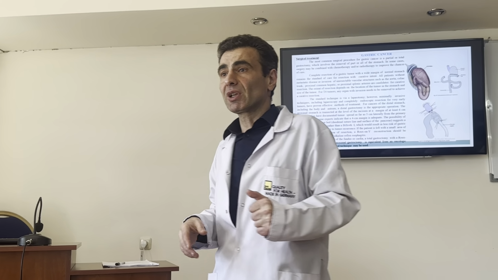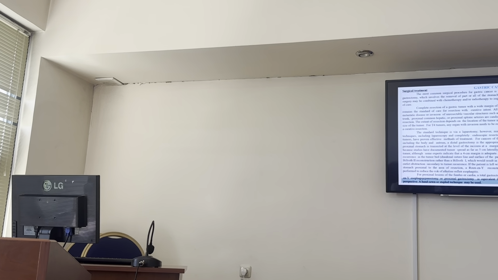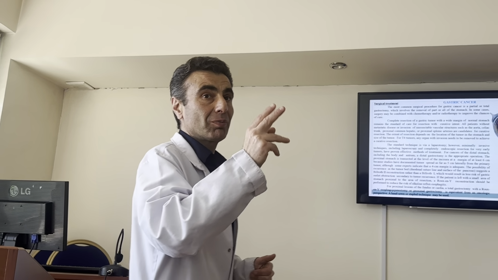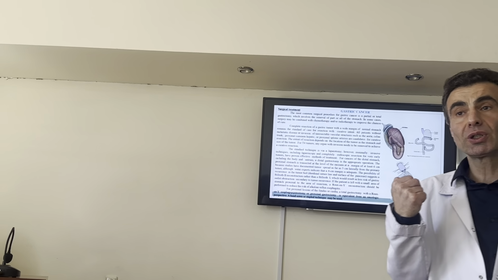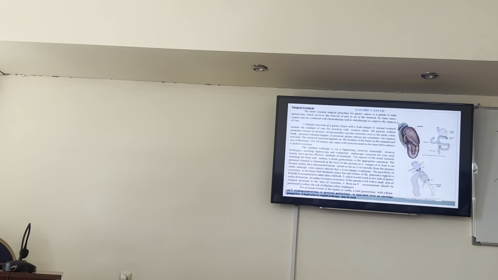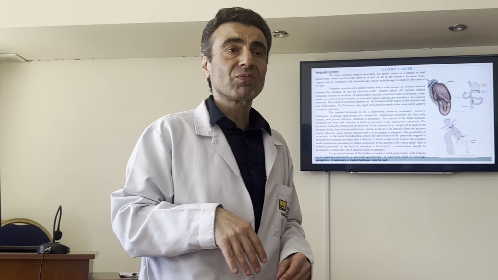Then we come to the level of the lesser curvature. This dissection we start from down to upwards. Why? Because we must completely ligate the right gastric artery from its root. In case of the left gastric artery, usually only the most right terminal branches at the level of anastomosis; the majority of the left gastric artery is not removed.